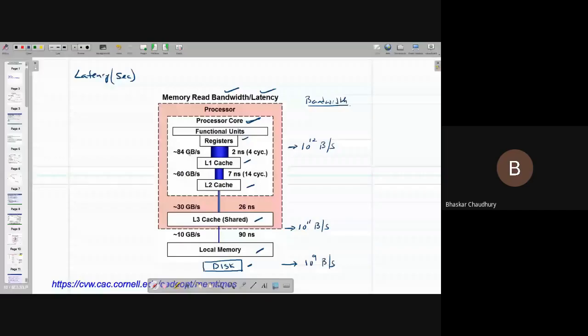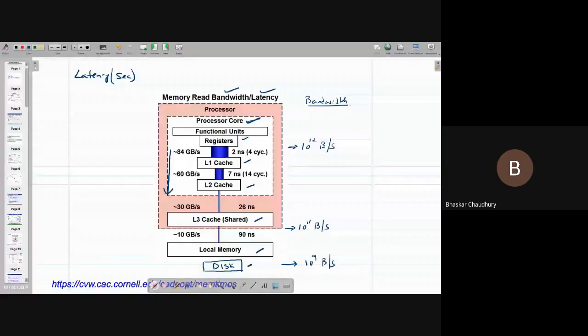If you look into L1 cache bandwidths, this is an old figure. I will show you the latest one. But what is to be understood from this figure is that there is a significant decrease in bandwidth as you go away from the functional unit.